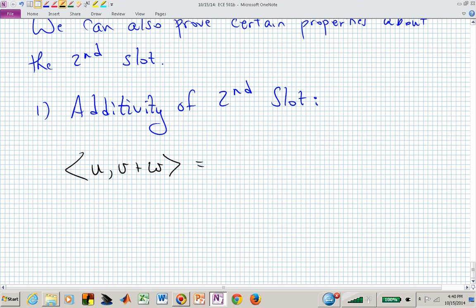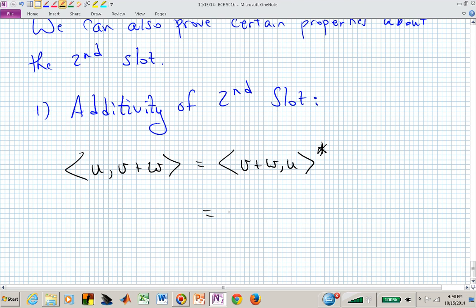So if we change the order of these two vectors, the first slot and the second slot vectors, then we need to take the complex conjugate of that interchanged order inner product. But we can do the complex conjugate at the very end.